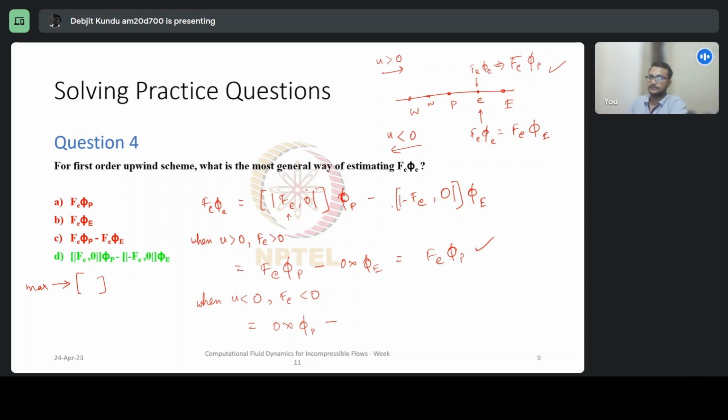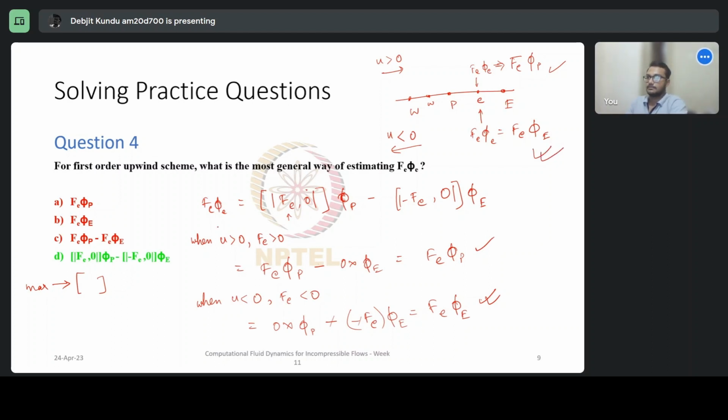So minus Fe would come out, and here we have phi E, and the negative negative would cancel out, and the first term is anyway 0. So finally we get Fe phi E. This is similar to what we showed here.